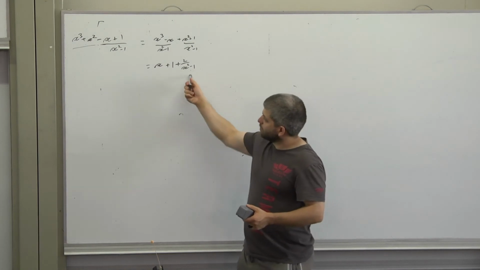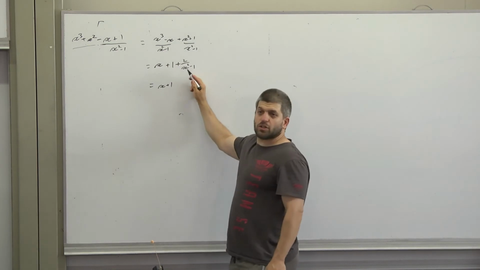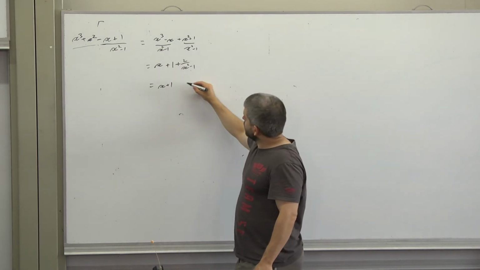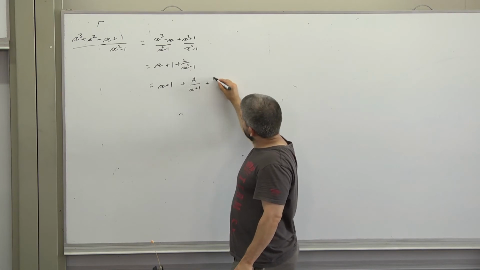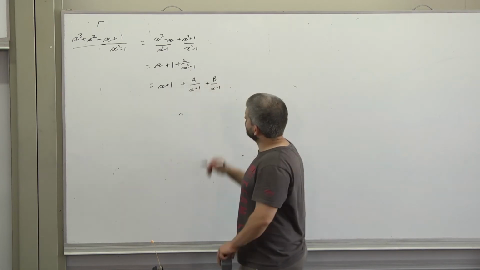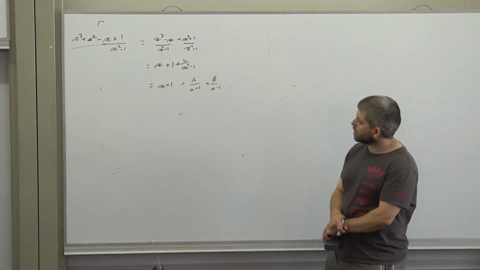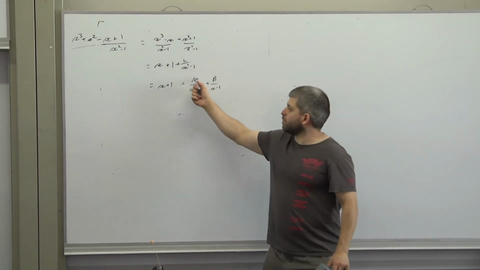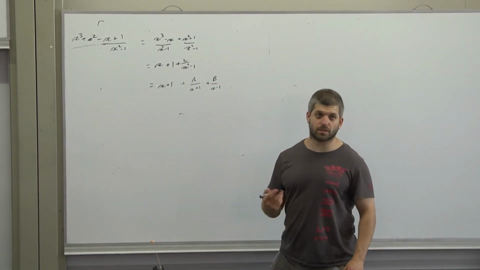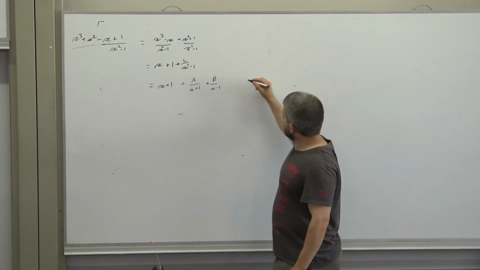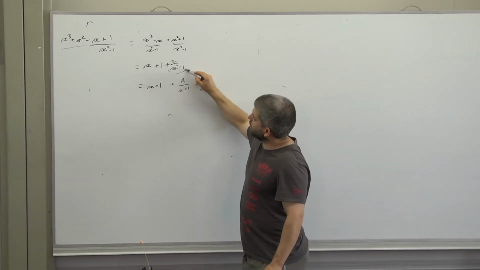This thing is very nice in that it's got two roots, 1 and minus 1. So we're going to run it like this. And all that's going on here, A and B are constants which we have to find. Okay, this is the step you need to do. We're going from here to here.